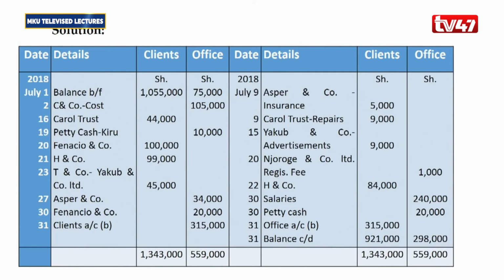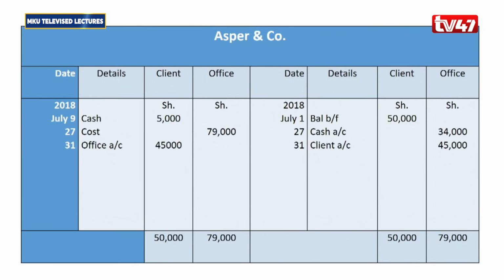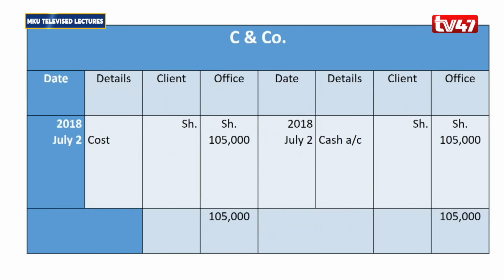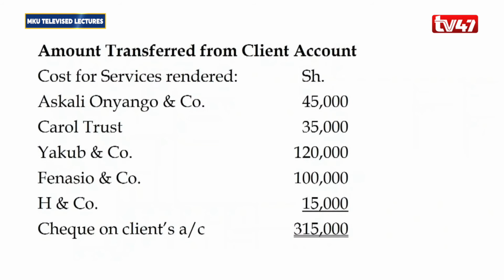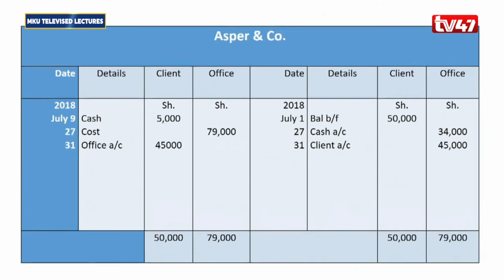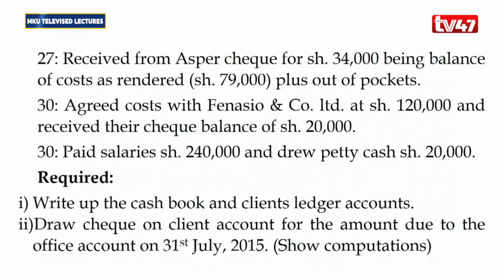And when you go to TNC, that is Yakub and Company, that money is clearly shown there. So we will keep on doing these particular transactions. Let's go to the next transaction briefly so that we can maybe look at how to do the balancing.